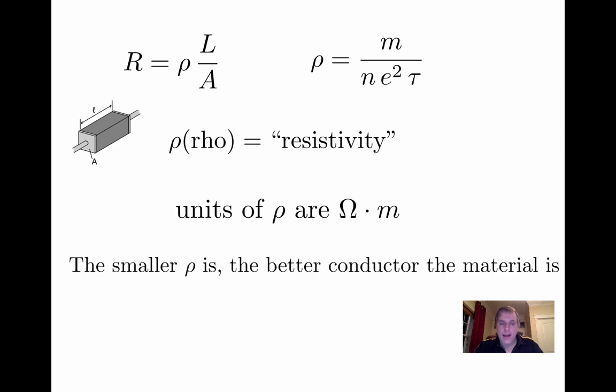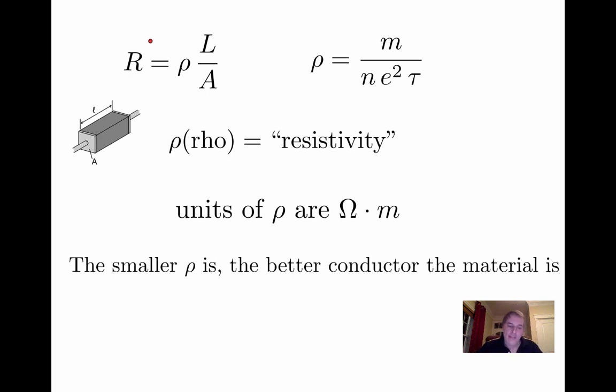Now clearly from here you can see that the resistance depends on rho. The smaller rho is, the better the conductor the material is. Also, the resistance is proportional to the length of the resistor. If you double the length, you'll double the resistance. That makes sense.